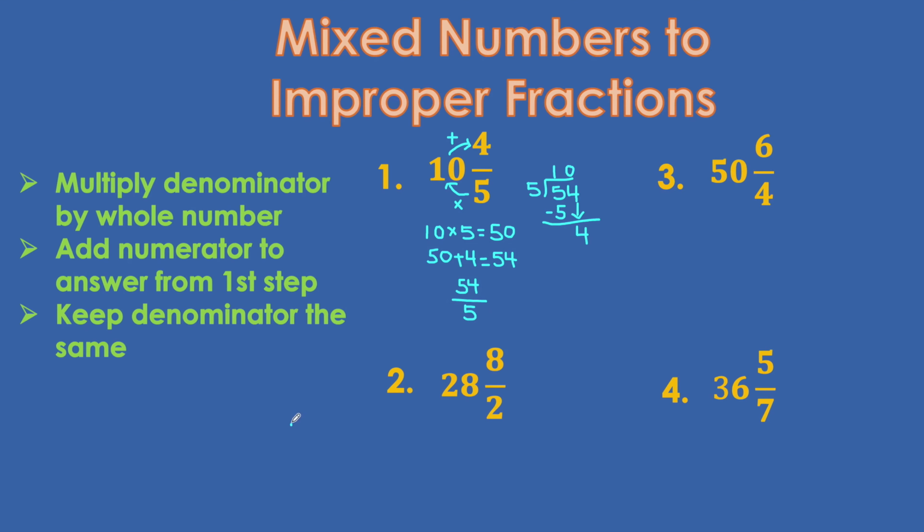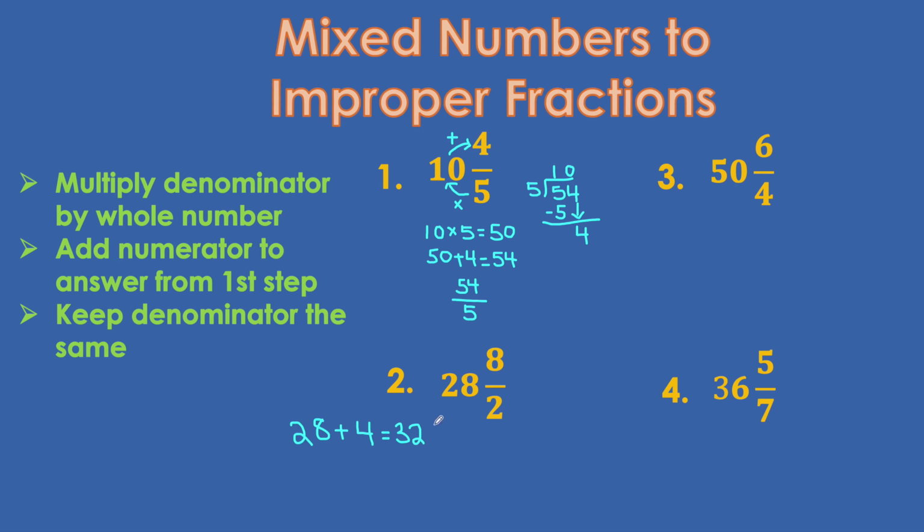We have 28 and we're just going to put an addition sign in the middle here, plus this 8 over 2, which is really a division problem. 8 divided by 2 is 4, so you can just simplify this to 4. And we know 28 plus 4 equals 32. So your answer would be 32.